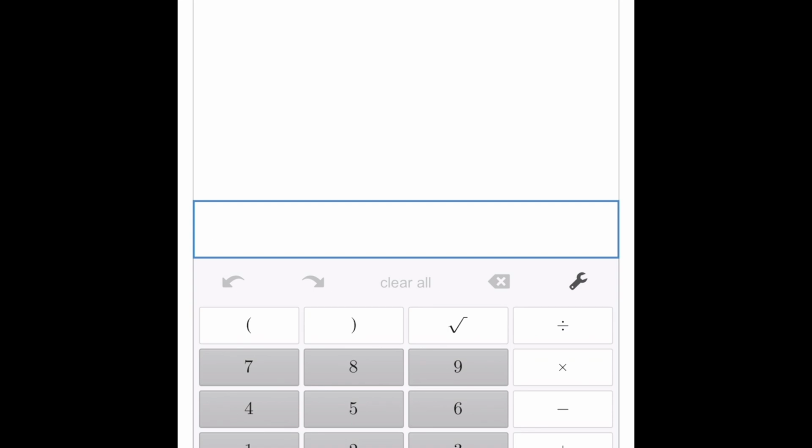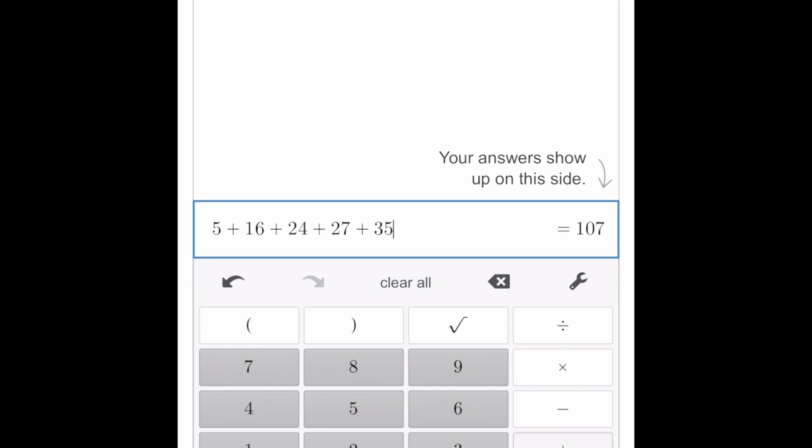So now I need to take everyone's linking cubes and add them all together, so that I could give everyone a fair share. The first thing I would need to do is add them all together. So I'd do 5 plus 16 plus 24 plus 27 plus 35 plus 36 plus 37 plus 39 plus 55, and I get 274.